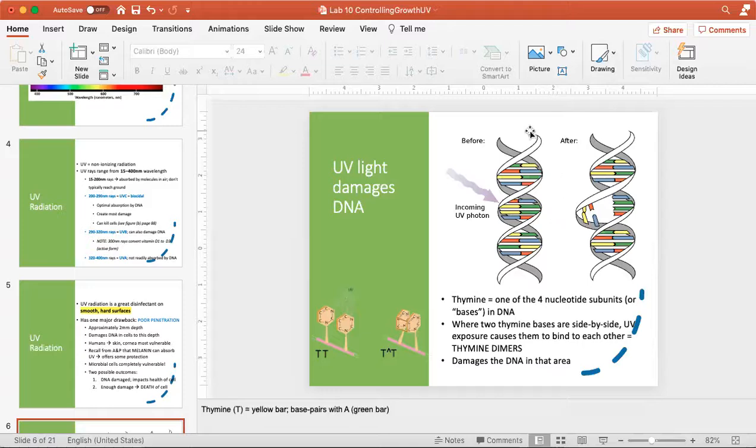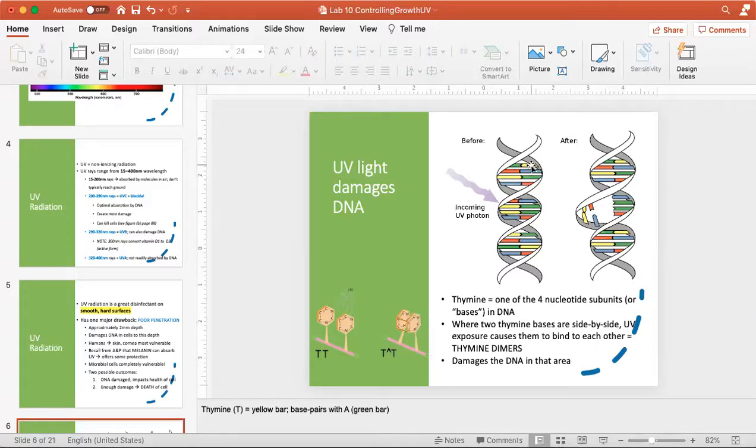On this slide, you're looking at a drawing of the double helix of DNA, and the artist has drawn the different bases with different colors. So A, G, C, and T are represented by these colored horizontal bars, with thymine, or T, being the yellow bar.